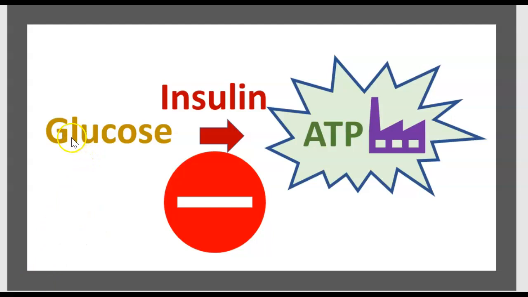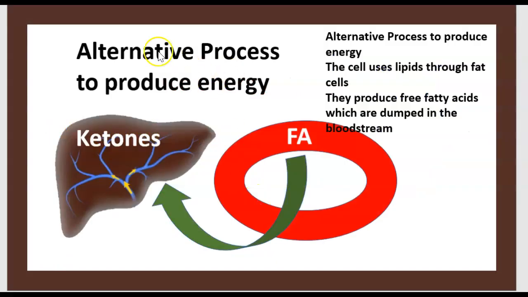If glucose doesn't get into the cell, there is no longer energy, and the body has a substitute for this energy: alternative processes to produce energy.